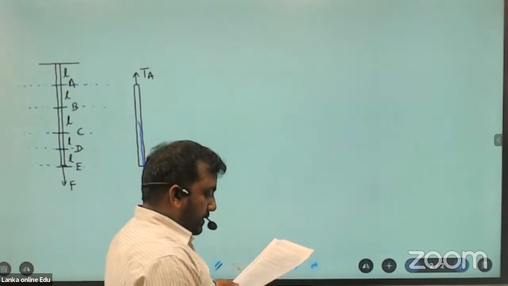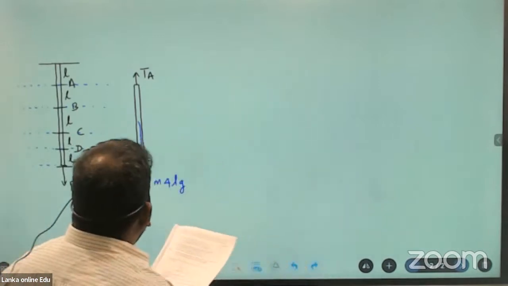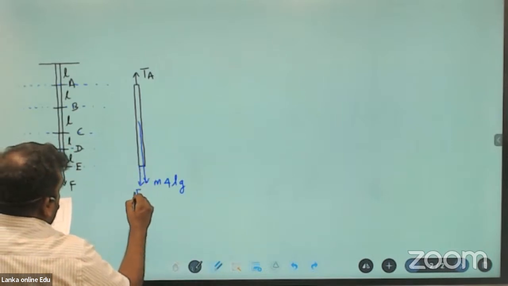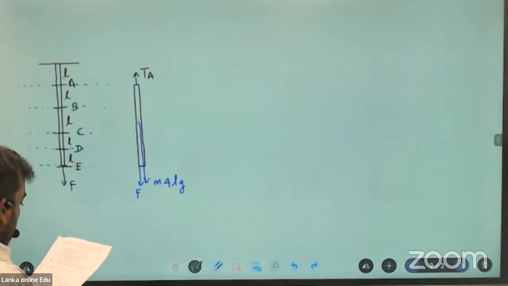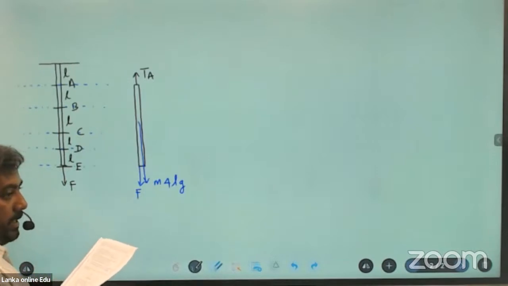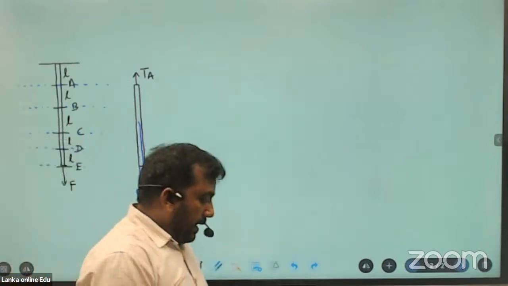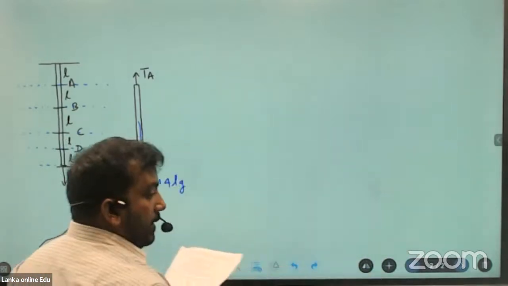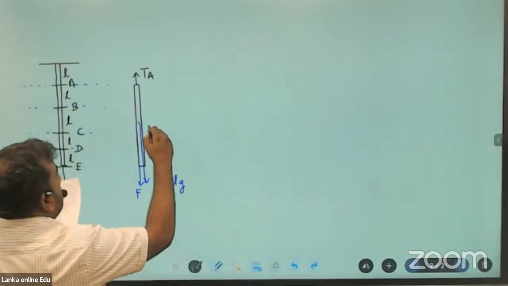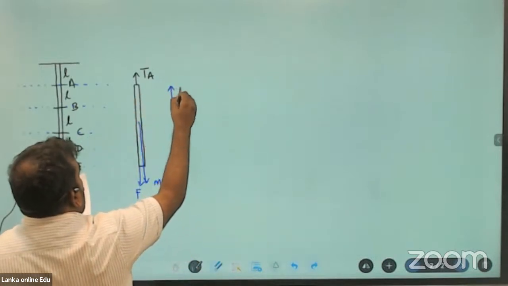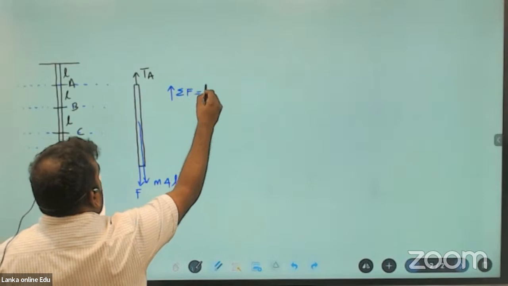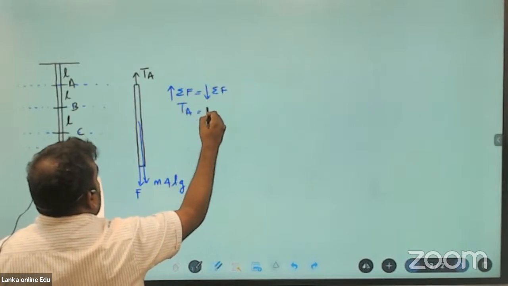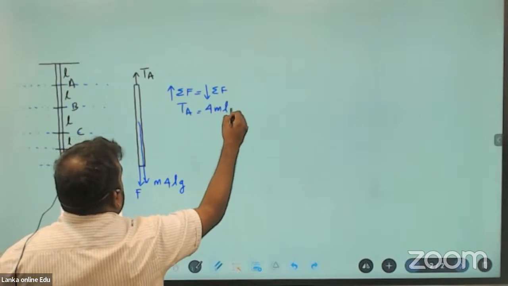Mass per length is already given. And don't forget, here there is a force F. Now you must calculate this. You can simplify and write very simply: upward forces balance downward forces. Tension at A is equal to 4mLg plus F.